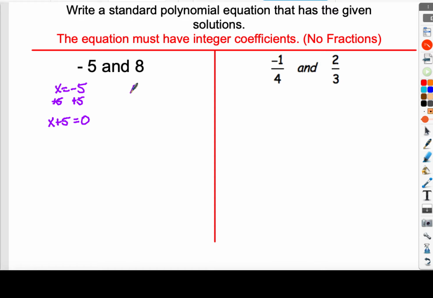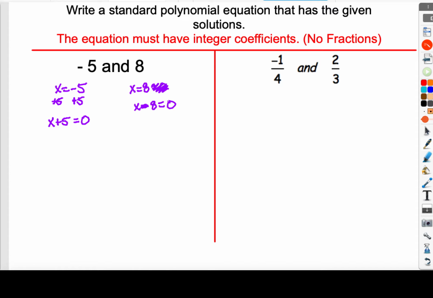We could also do that with the 8 and say x minus 8 could equal 0. If I add the 8, x equals 8.